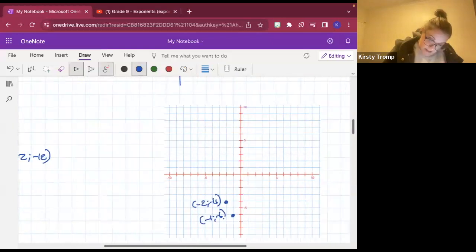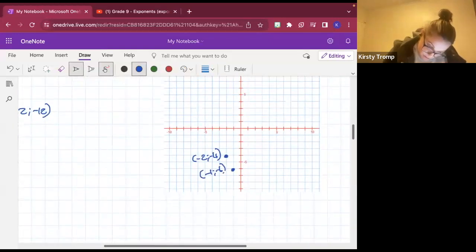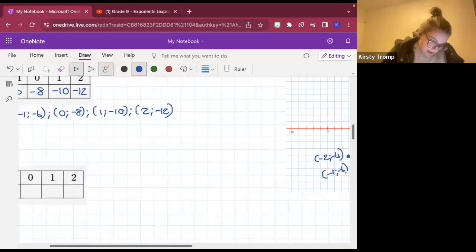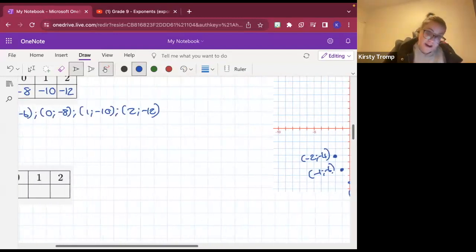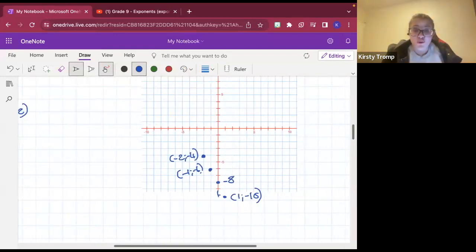My next one is 0 is to -8, so 0 is to 6, 7, 8. My next one is 1 is to -10. Oh, -10 got cut off the line here, but I'm going to try. And the last one is way off the graph. I'm not even going to draw it onto this graph because I cannot plot it.